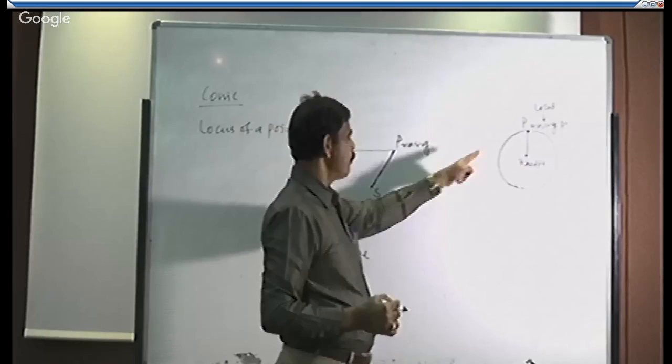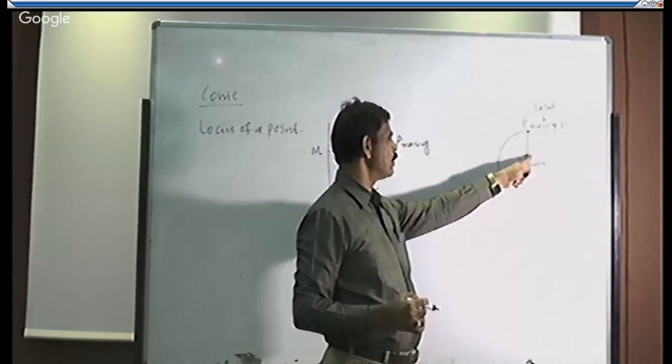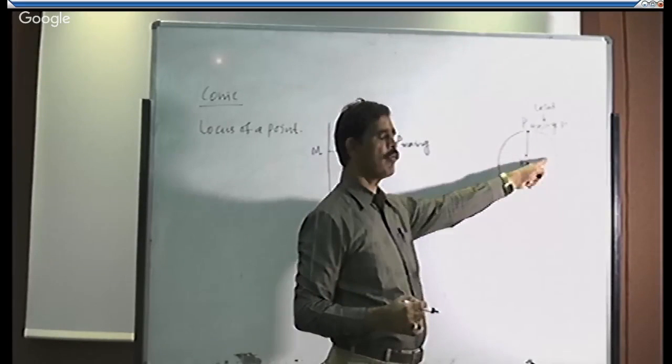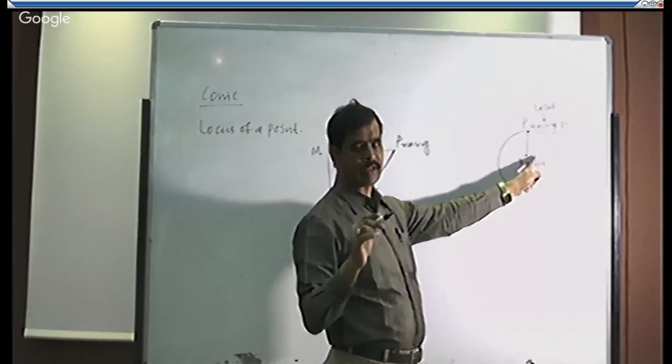Here, from the fixed point, this length is always constant. Therefore, in a circle, the radius is always constant, right?